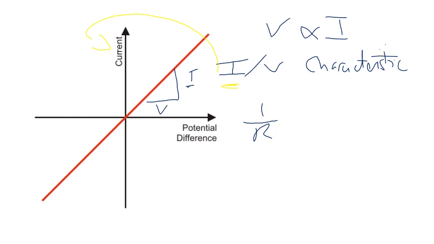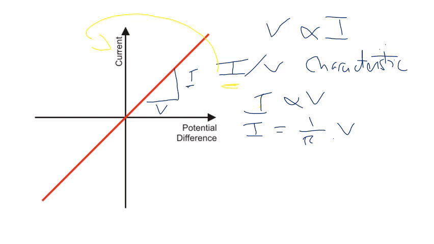So actually what's going on here in terms of proportionality for this particular diagram for the IV characteristic is that we're saying that I is proportional to V, and when we put in our constant of proportionality, I is equal to 1 over R times V. Now 1 over R does actually mean something.